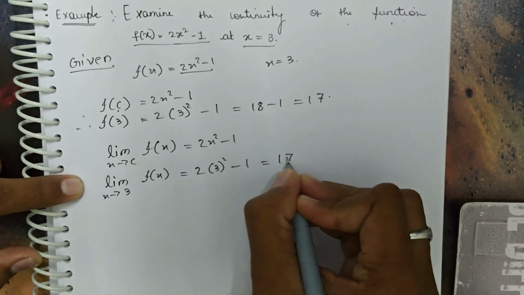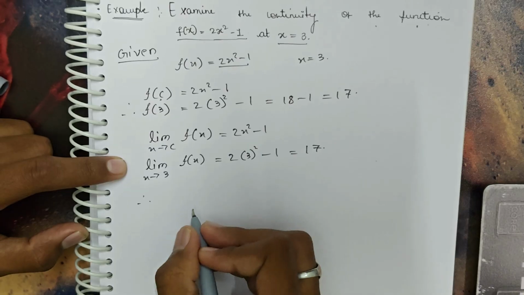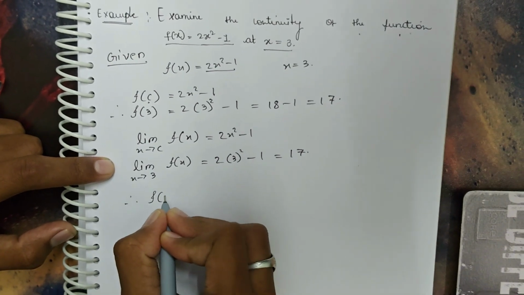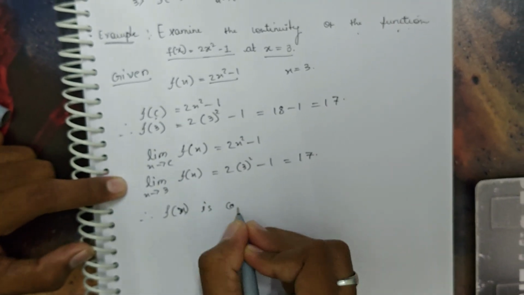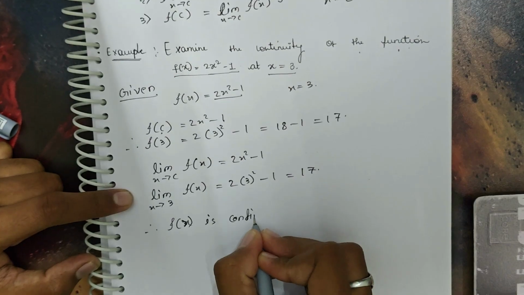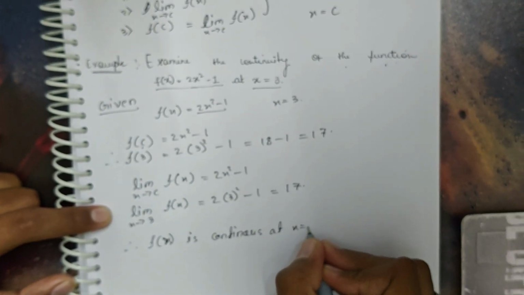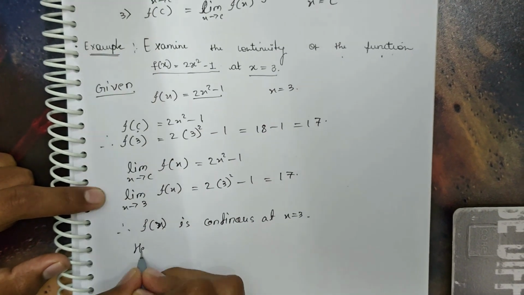It is 17, the same as before. So here we get f of x is continuous at x is equal to 3. So hence it is proved.